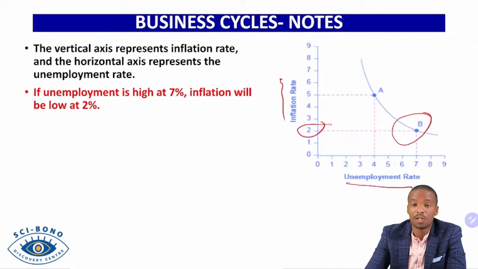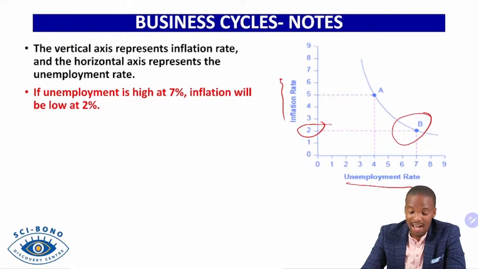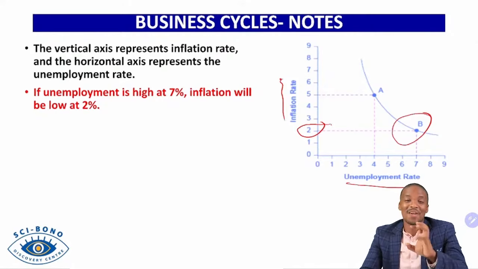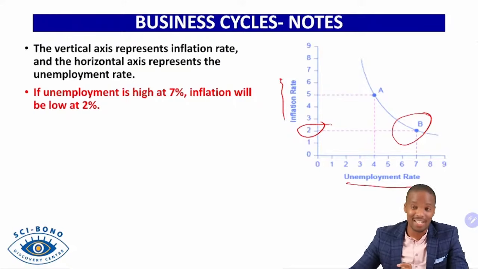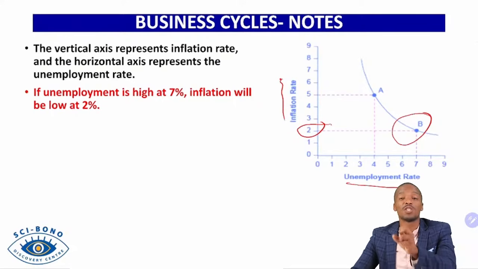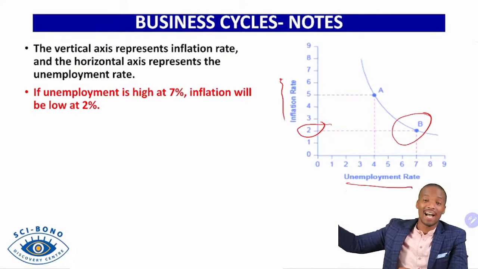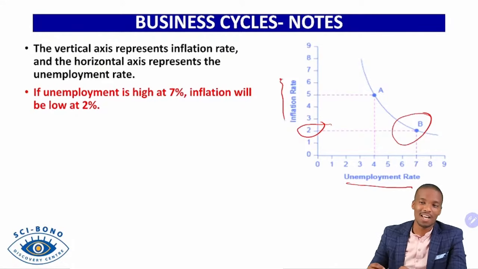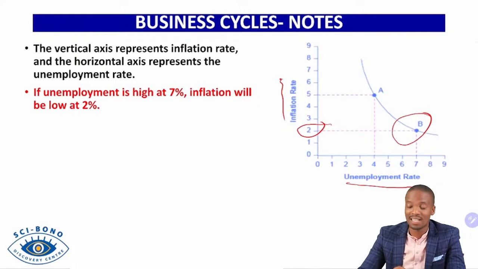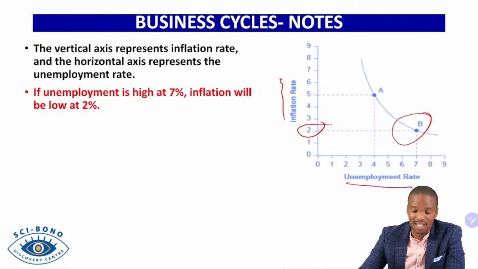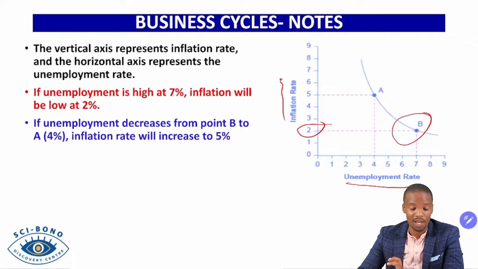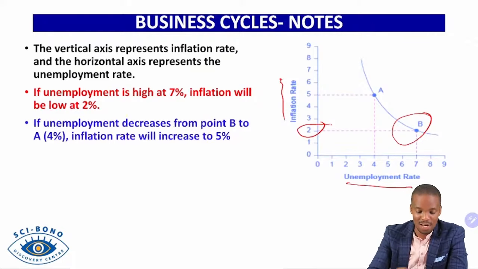It goes to 2%. That is where we are. Right. But our main aim in the economy is that people should be employed. So therefore, it is to reduce the level of unemployment. Unemployment should not continue to be higher. Unemployment should be reduced. But let's see then, if there's a reduction in unemployment, let's see what happens to inflation. Right? At point B, we have that.